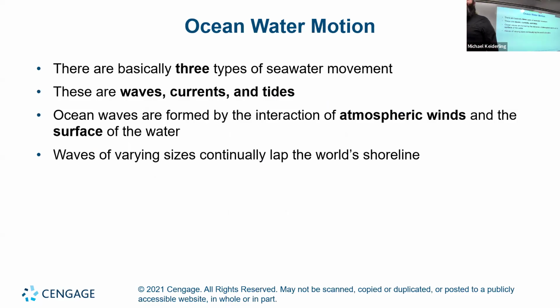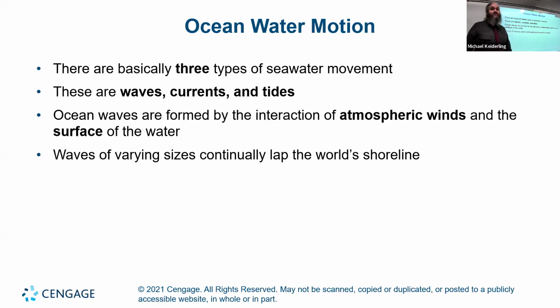So there are basically 3 types of motion for seawater: waves, currents, and tides. Waves are driven by atmospheric winds and occur at the surface of the water.